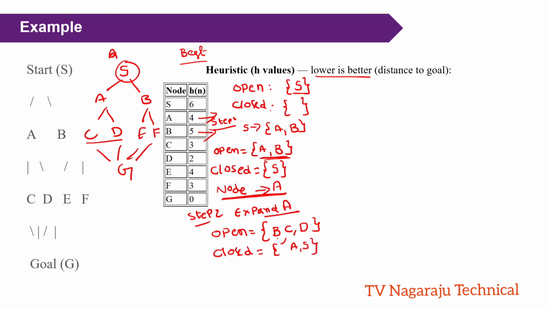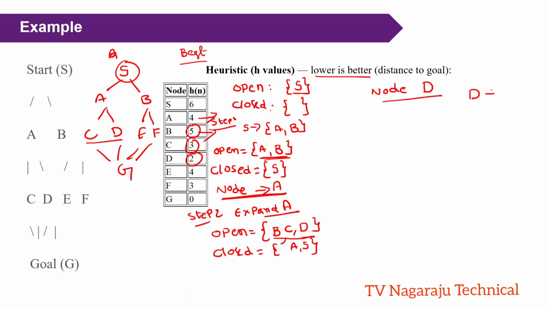Not reached. Now among B, C, D, which one is selected? B has value 5, C has value 3, D has value 2. So simply select node D. This has the best heuristic value.